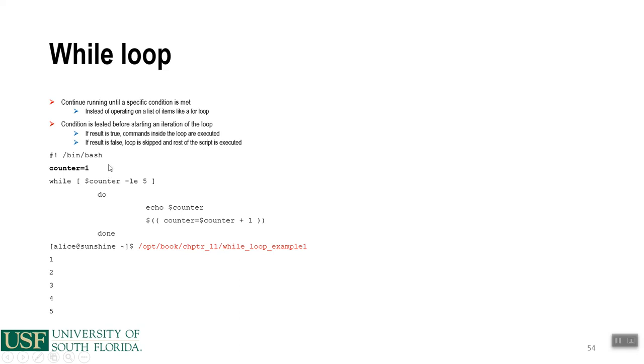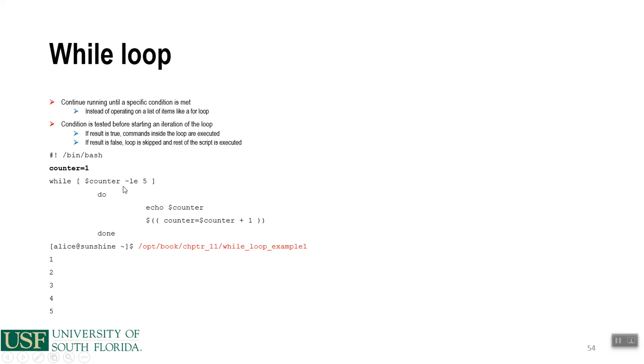So we've got the shebang /bin/bash, then we've got counter equal to 1. While the counter is less than 5, do this particular task: print out the counter and then add 1 to that counter. So we've got counter, which is a variable, equal to counter, the current value of counter, plus 1, and then done. It'll continue to go back through this.